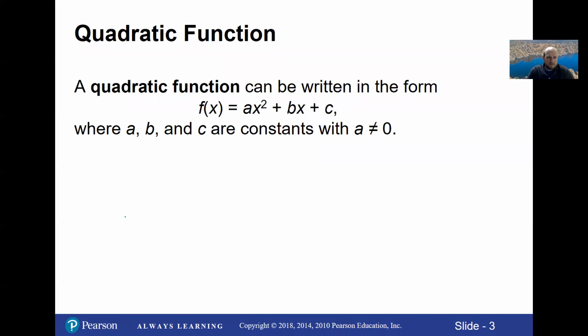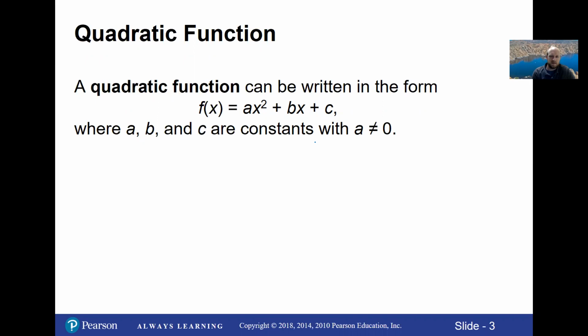First of all, I wanted to define what a quadratic function is, or what it looks like. It can be written in this form where we have a function f of x is equal to ax squared plus bx plus c. So a, b, and c are constants.